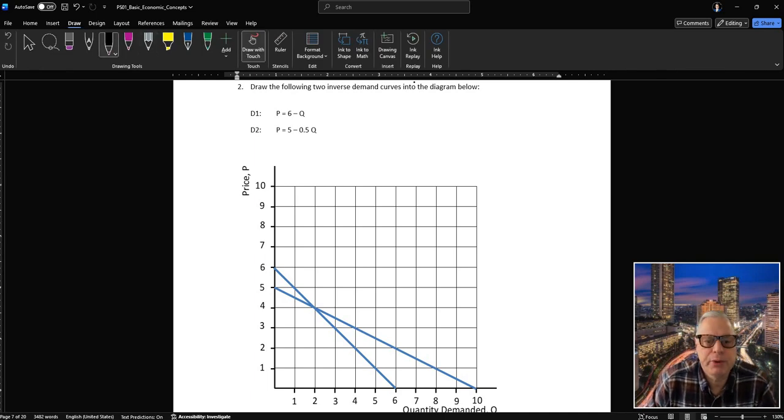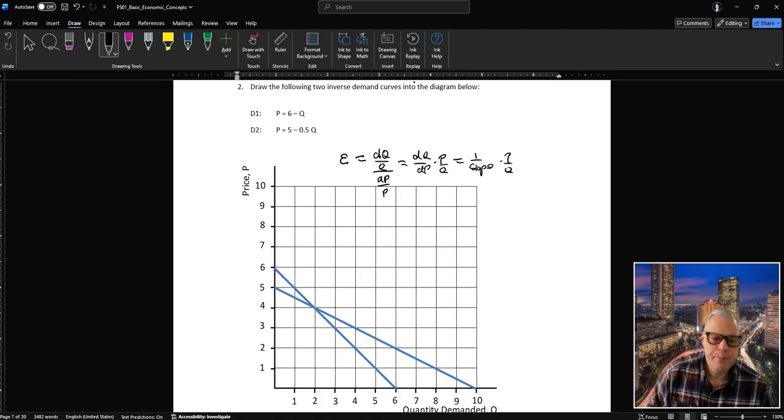So if you remember, the price elasticity of demand was given by the function dq over q divided by dp over p, and that's the same as dq over dp times p over q, but this first term is equal to 1 over the slope times p over q.